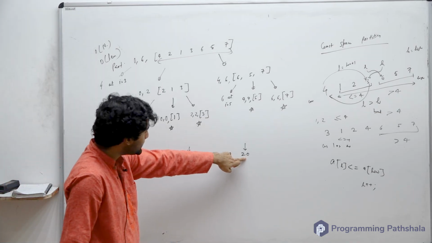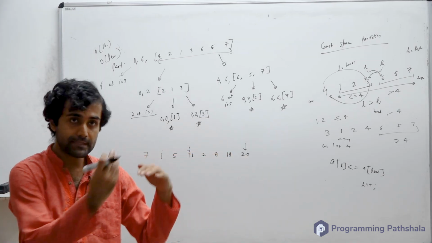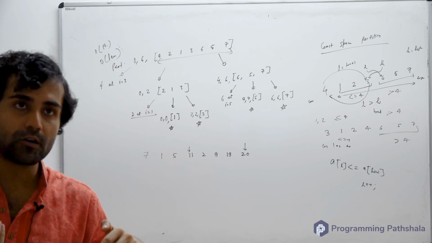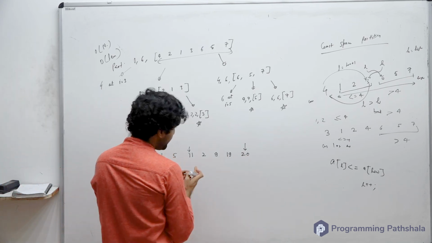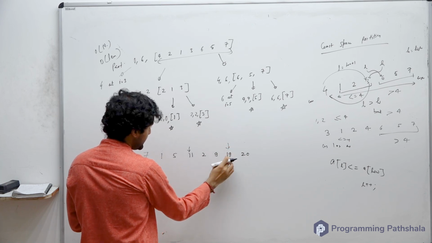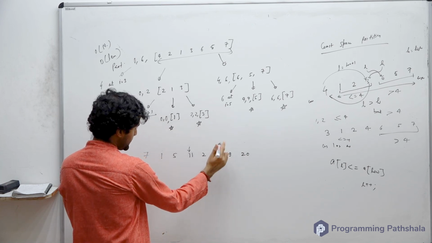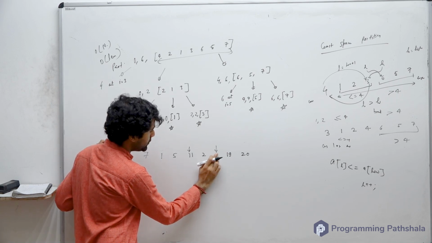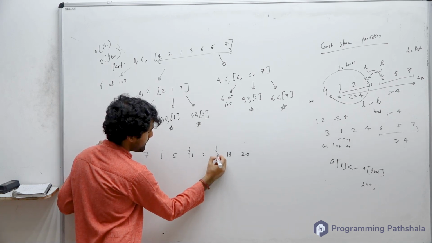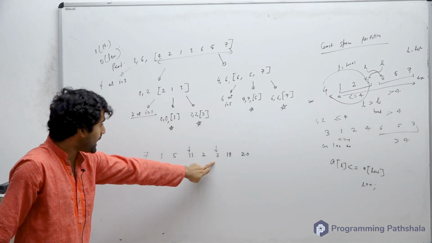Can you tell me where this pointer will stop? This will keep on moving in the backward direction as long as it is getting greater elements. So 20 is greater, I am happy, I'll come back. 19 is greater, I am happy, I'll come back. Okay, now let's say instead of 9 this was something like 3. Now would you come back?